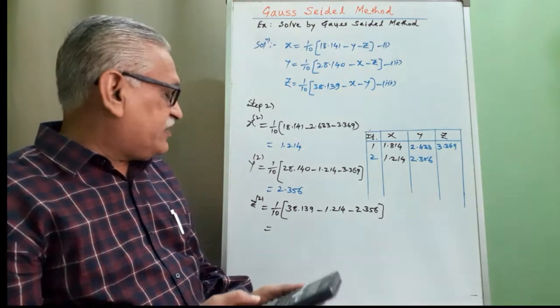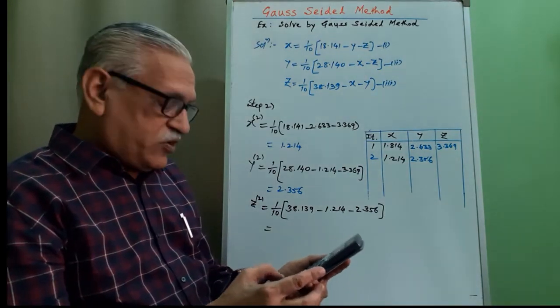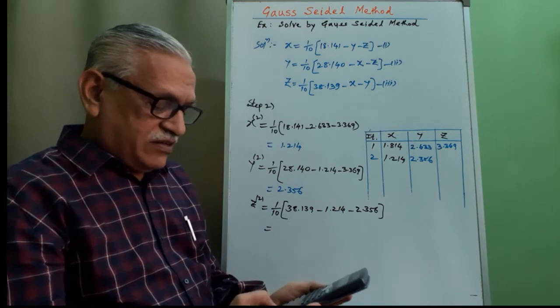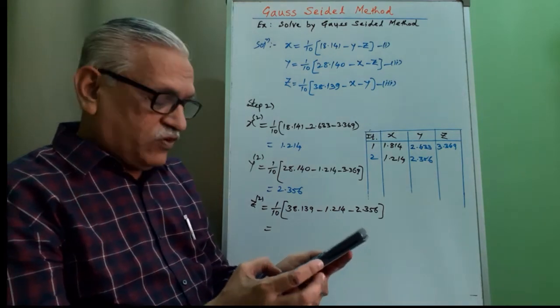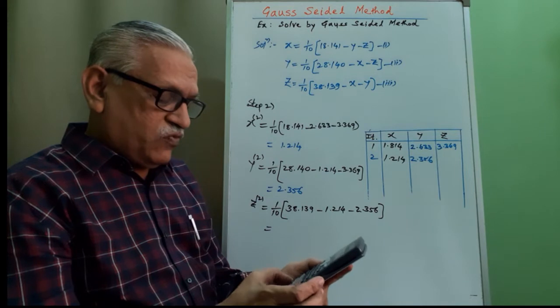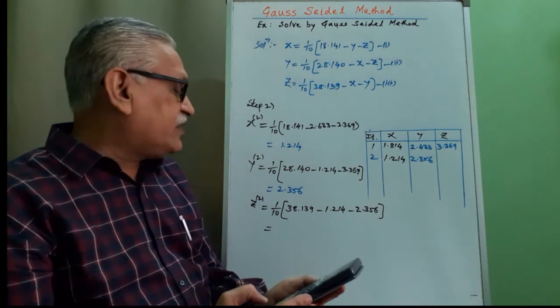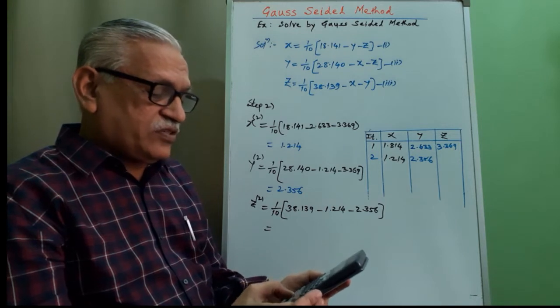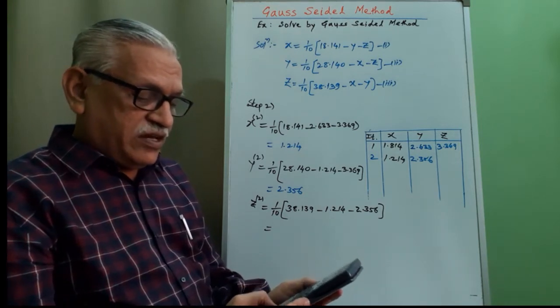Performing it by calculator, we get 38.139 minus 1.214 minus 2.356, divided by 10.